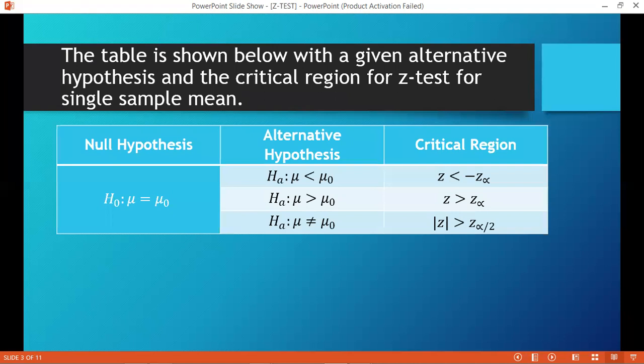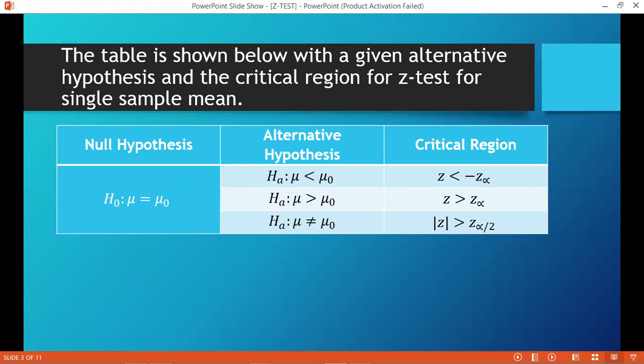So here we have our null hypothesis, H sub 0, wherein you claim that they are equal, there's no difference or there is no relationship between the two given data.